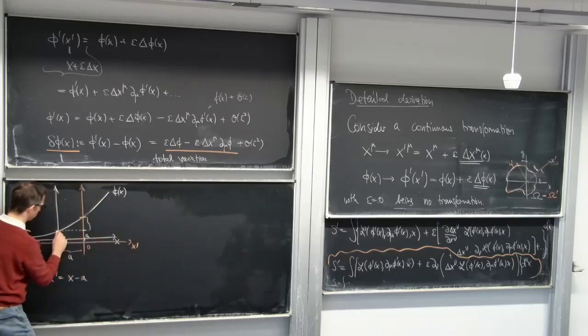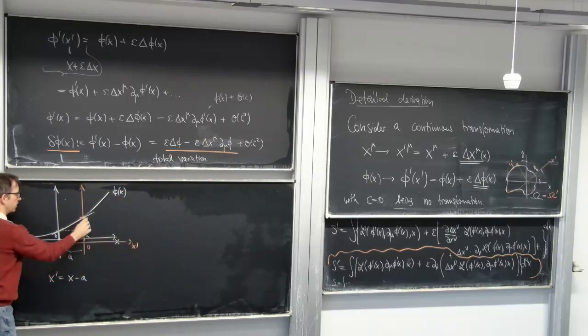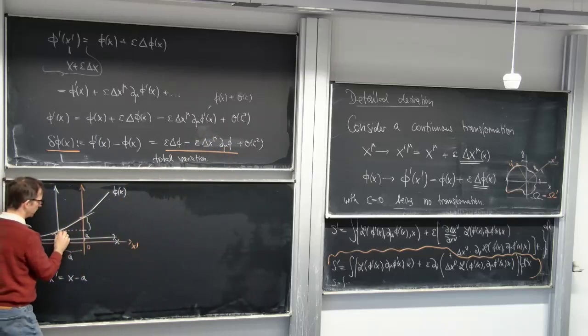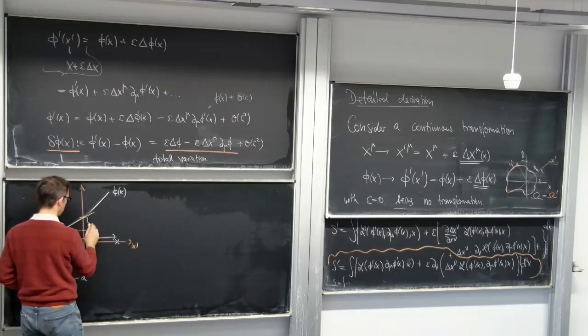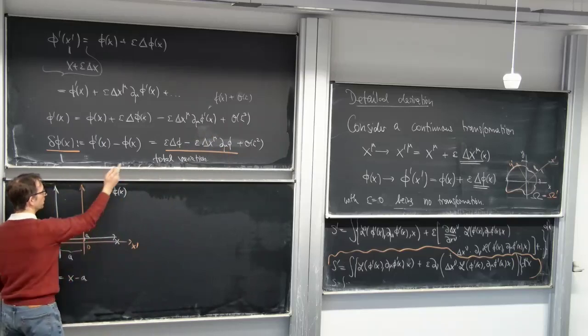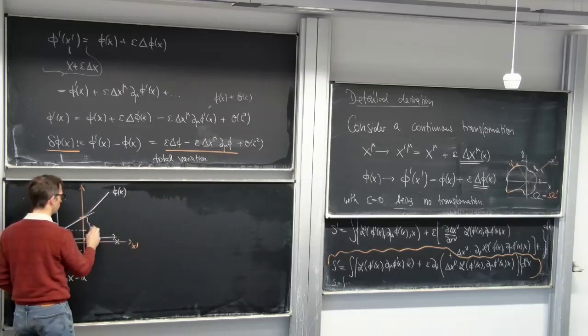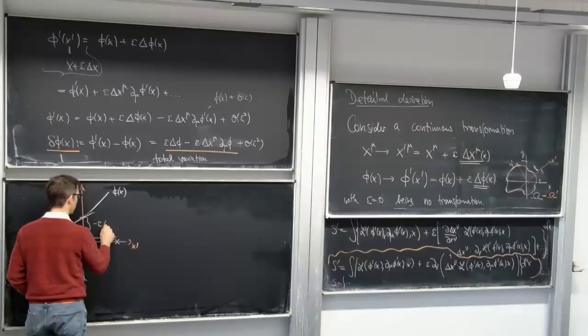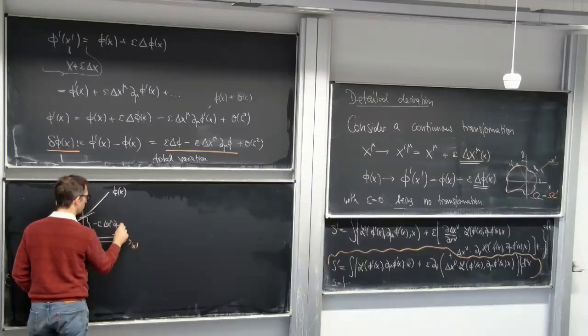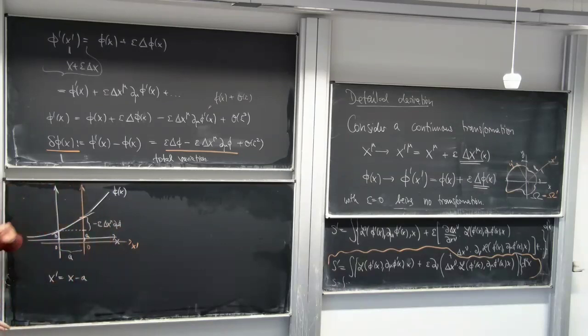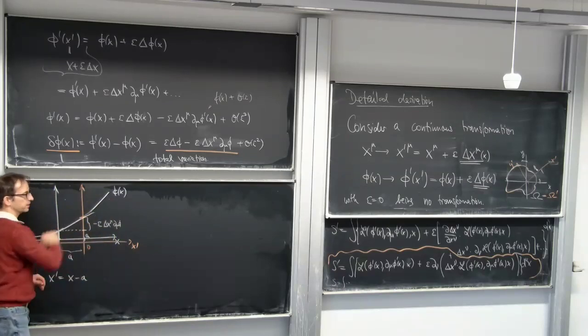The derivative here is some positive number, and the derivative times this distance, times the shift, is what it changes by. So it's minus epsilon delta x, essentially, mu d mu phi. That's the change because I moved, and I haven't done anything to the field, because the field is still that curve.